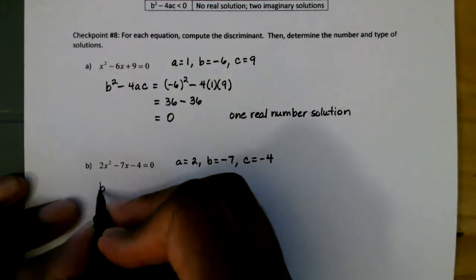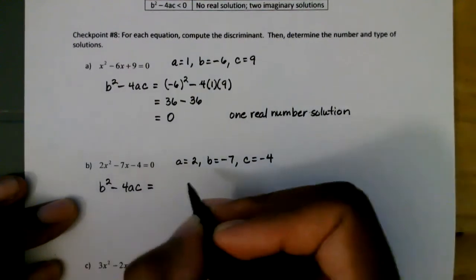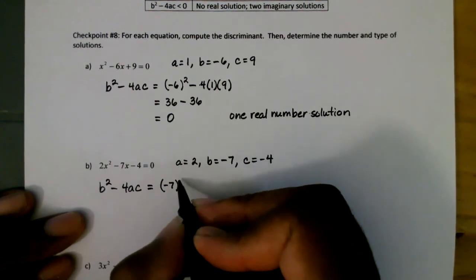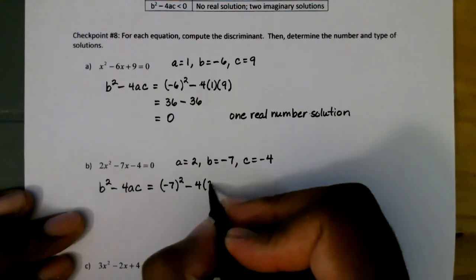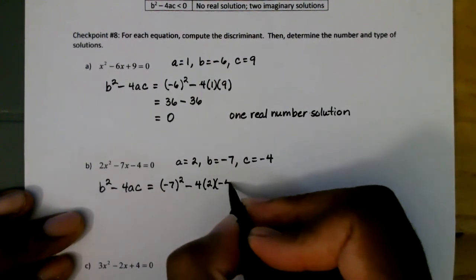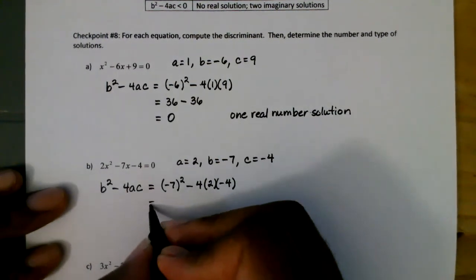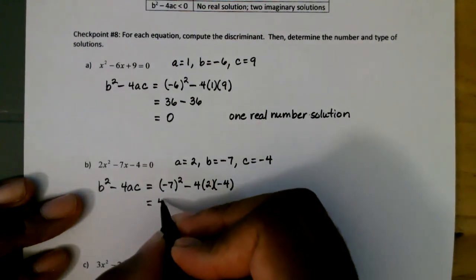Okay, so for the discriminant we're going to use b squared minus 4ac, and then substitute the b with -7. So it'd be -7 squared minus 4 times a, which is 2, times c, excuse me, which is -4. -7 squared is -7 times -7, that's going to be 49.